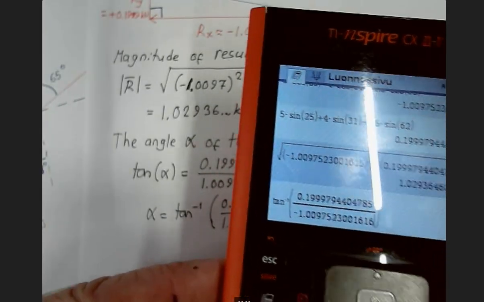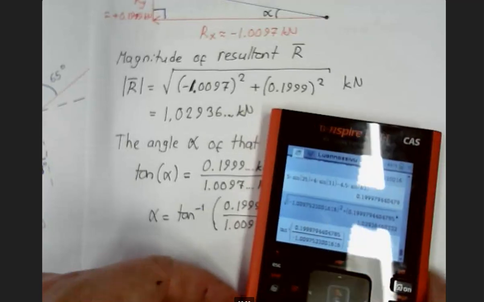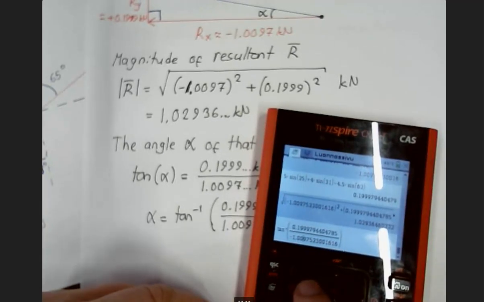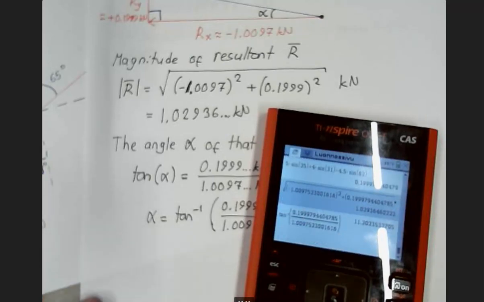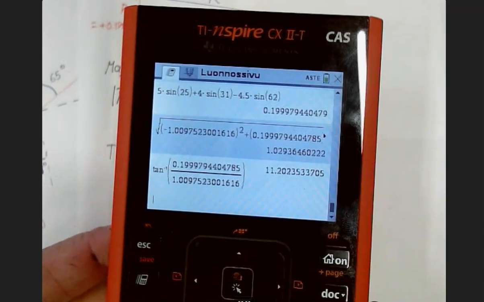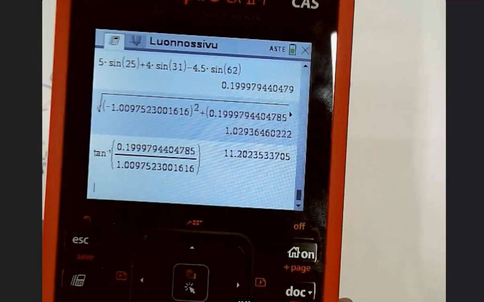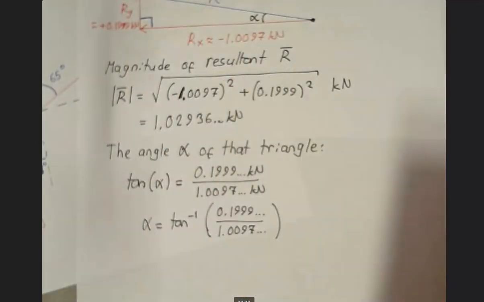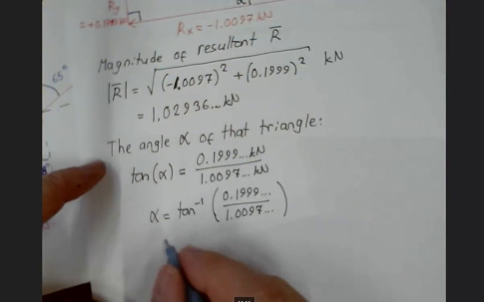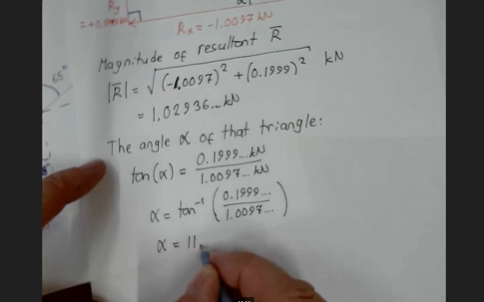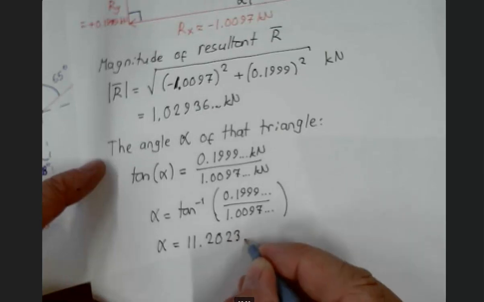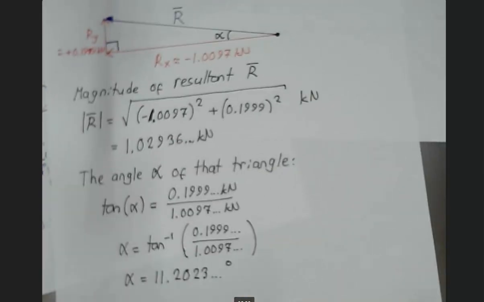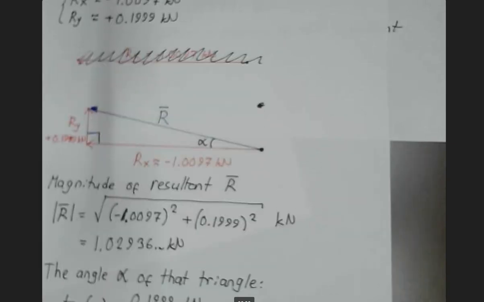There is now that minus sign there, so I will take that away, not to make any complexities there. So I get, or my calculator gets 11.2 degrees approximately. 11.2023 degrees. Let's check that from my picture.